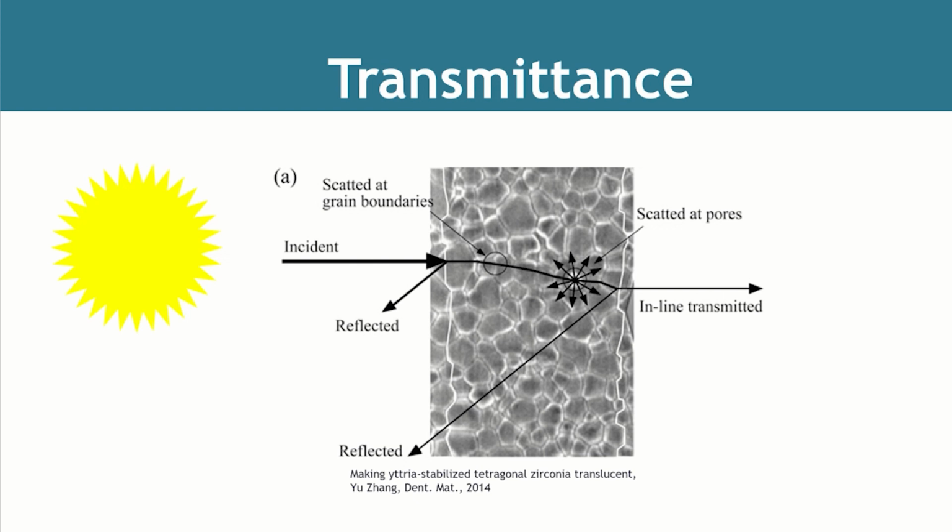We can have scattering from grain boundaries. We can have scattering from pores. We can have reflection within the material. And then finally, of course, some light will make it through, making it either translucent or fully transparent. Of course, in the case of zirconia, it is translucent.